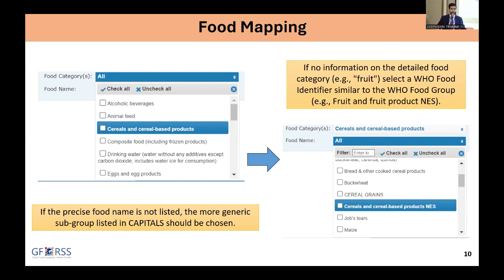Okay, we're good? So if I have a result, like the lead concentration for a food coming from this group, I can select here, as we said, the cereal and cereal-based product, NES. Now, if I know that it belongs to the cereal and cereal-based products, and I know the food commodity, but the food commodity doesn't exist in this list. It's not here. For example, za'atar. You will not find it here.